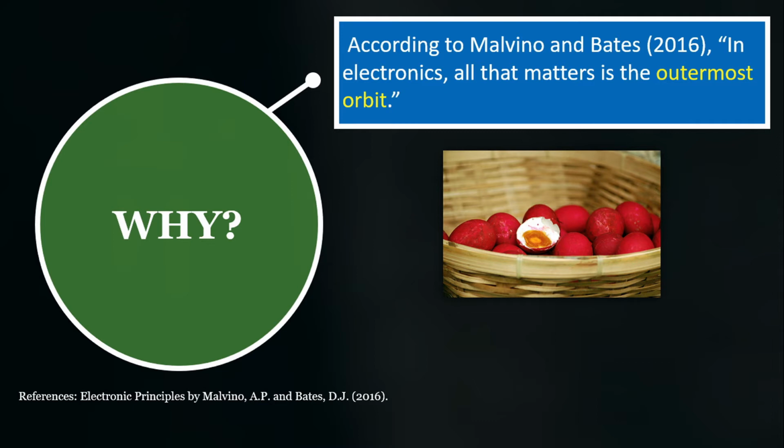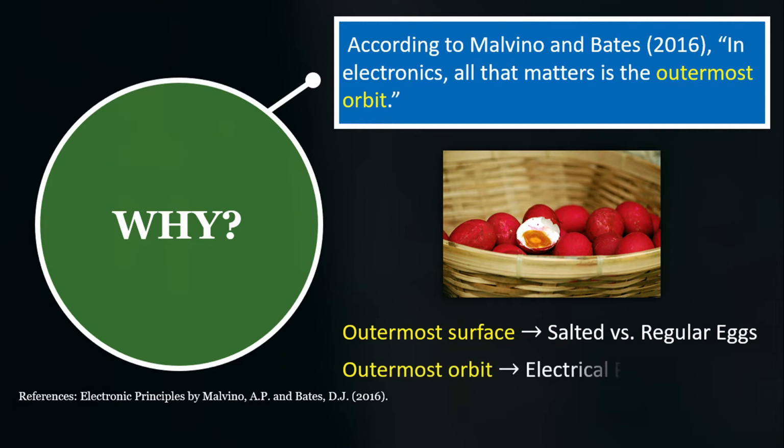By just looking at the characteristics of the outer surface of the egg, which in this case is colored red, we will be able to decode the property of the egg, which in this case is salted. In the case of the outermost orbit, by looking at the characteristics of the outermost orbit, which is part of the atom's structure, we will be able to decode the electrical properties of a given element.